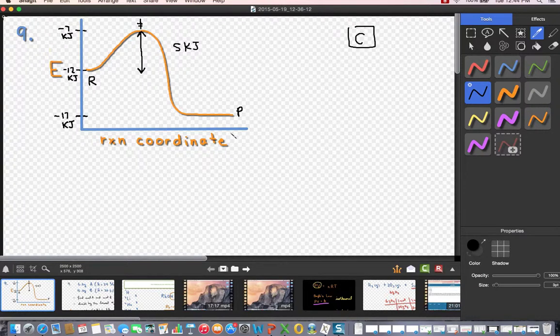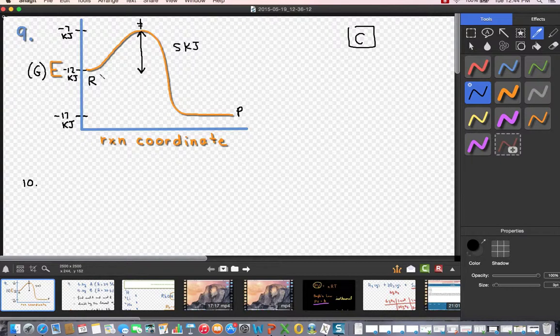Now 10, actually I take that back. No, 10 and 11 are linked to this diagram, so I want to go ahead and discuss those quickly. Number 10 asks us about the above reaction. So the energy that is plotted on this axis is G. And notice that it is exergonic, which means it's spontaneous.